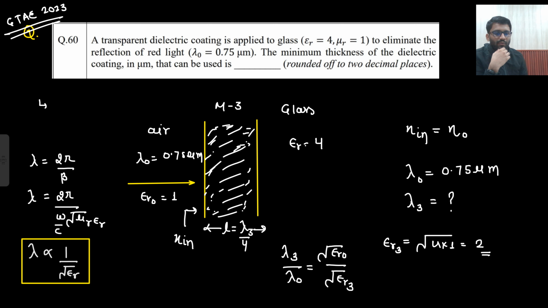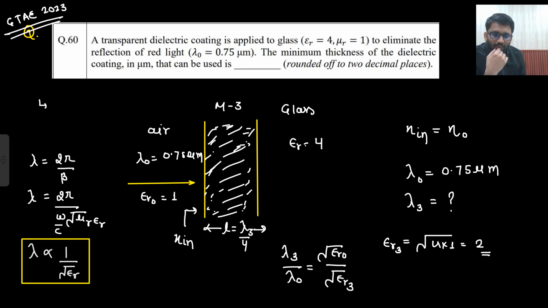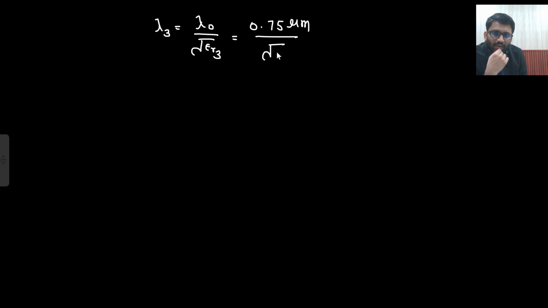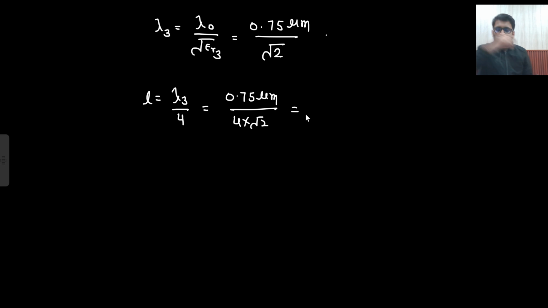So my lambda 3 would be equal to lambda naught upon root epsilon r3, which is 0.75 micrometer divided by root 2. And the length required is lambda 3 by 4. So the answer will be 0.75 micrometer divided by 4 into root 2. What is the answer you will get?